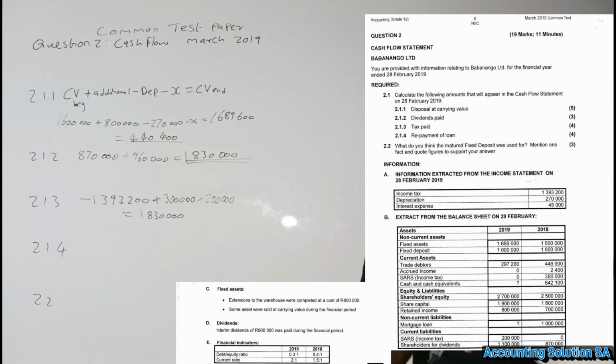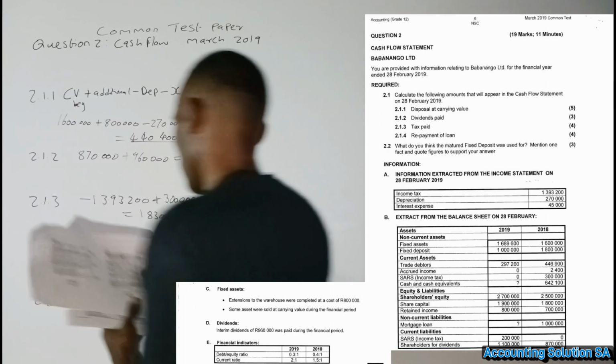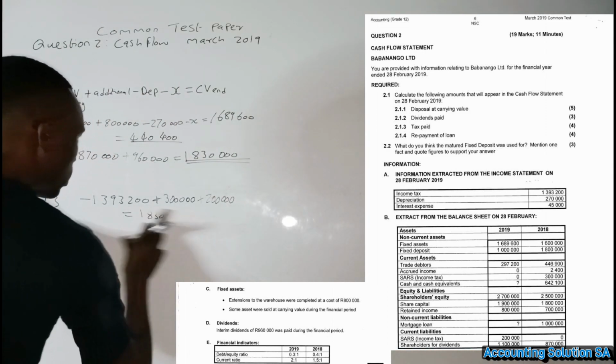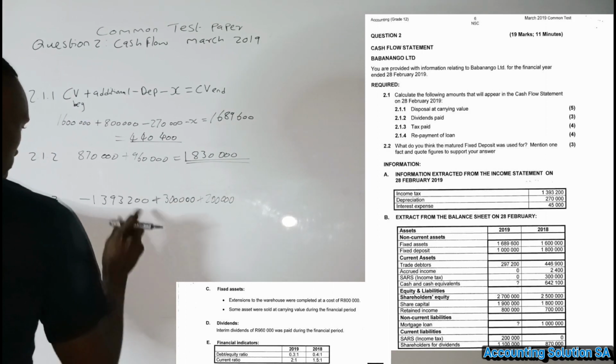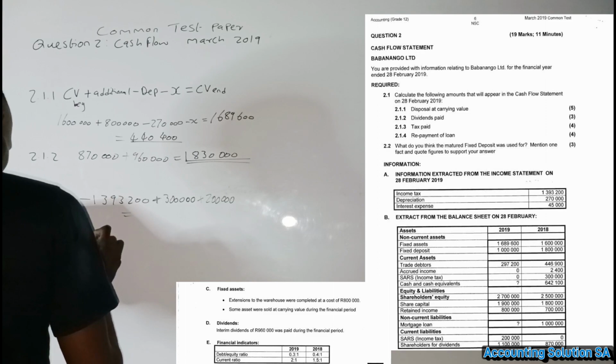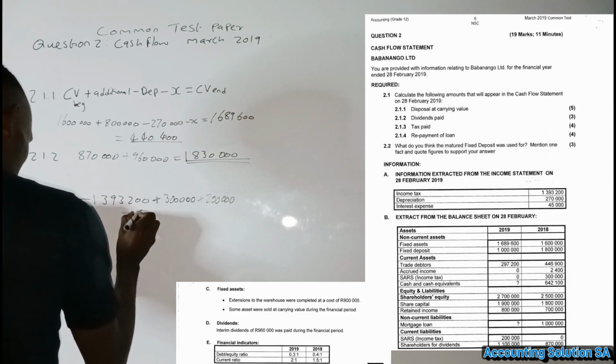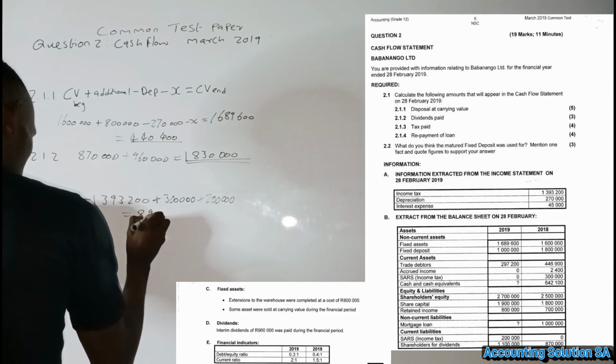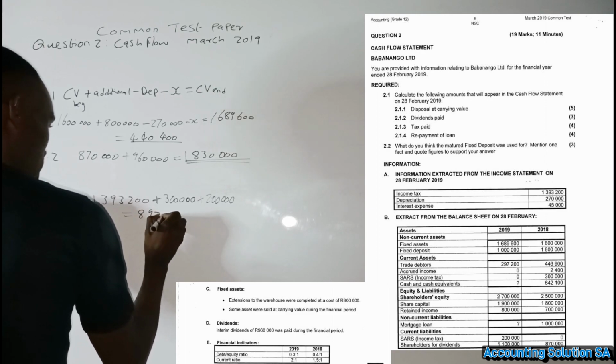Okay, I think this one I made a mistake here. So it can't be the same with this one. I made a mistake when I did my calculation. So it's supposed to be 893,200.